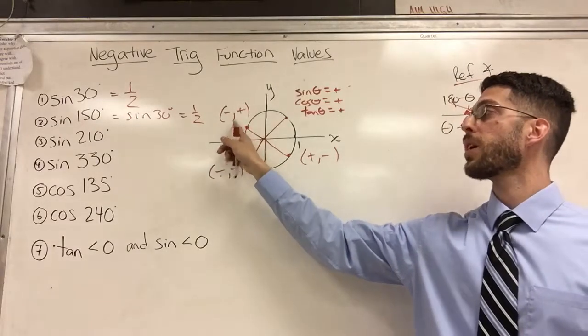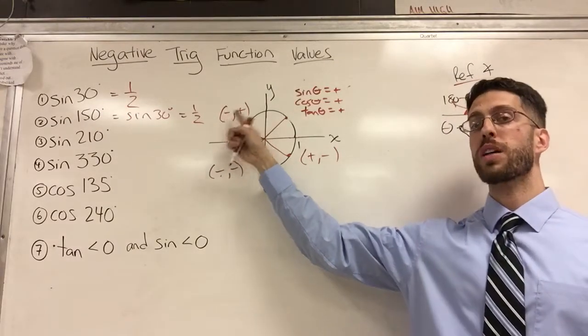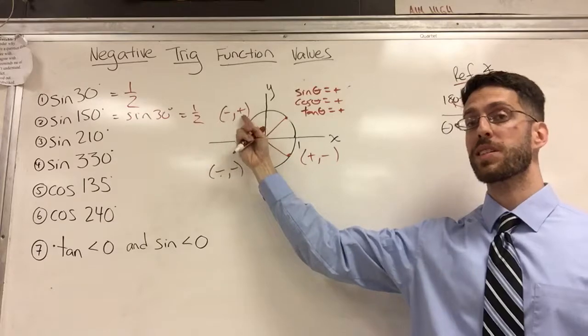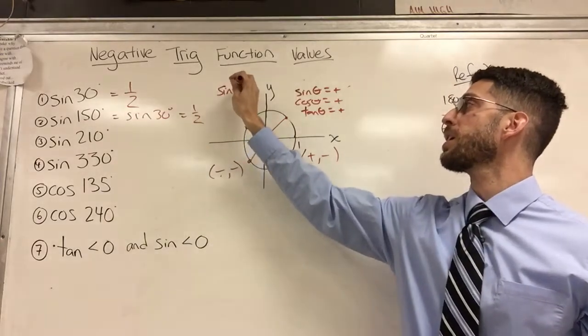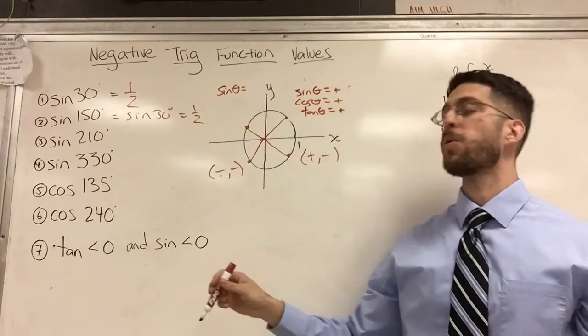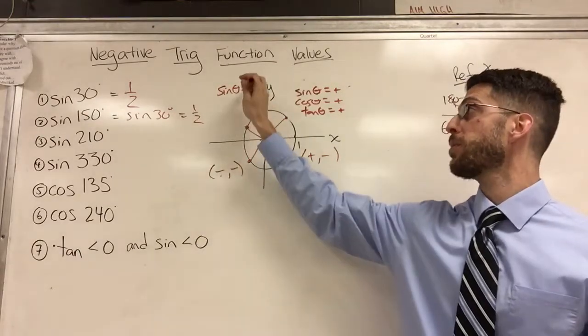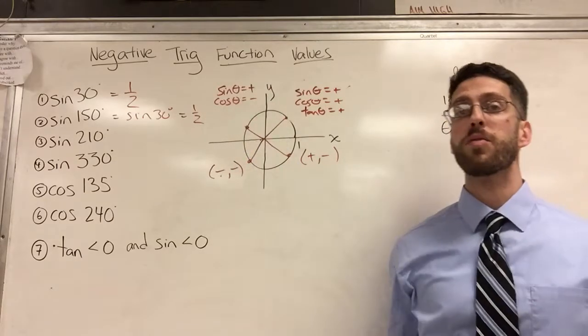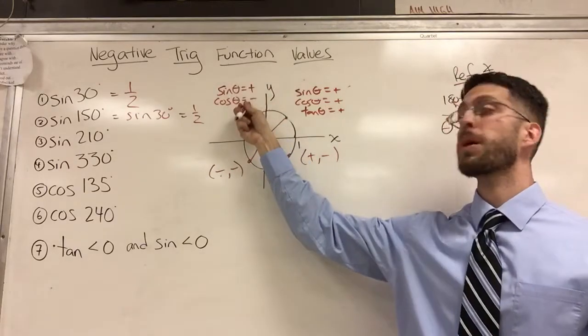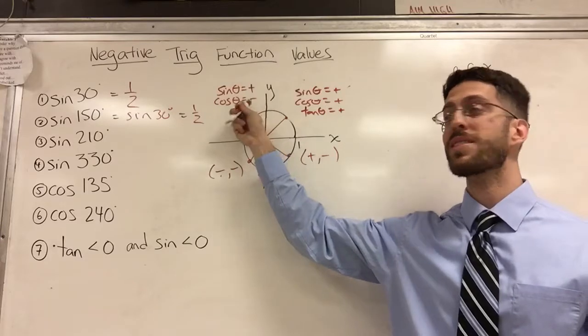What about quadrant 2? Here, again, it's cosine comma sine. This is the cosine, this is the sine. So here, sine is positive, cosine is negative, and tangent is sine divided by cosine, positive divided by negative is negative.